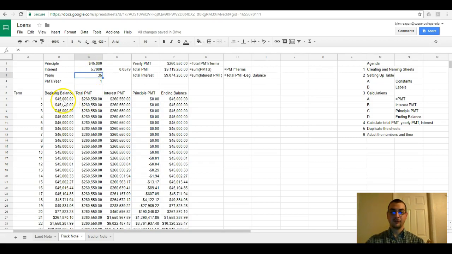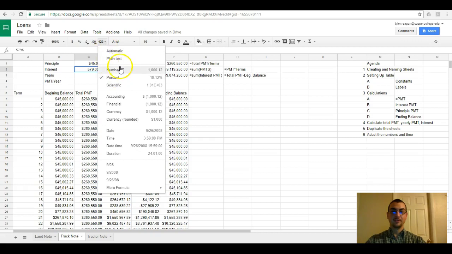Now we're looking at, on a $45,000 truck, payments of $260,000 every single payment. That's not going to be correct. And if we put this interest rate in percentage format, now it's 579% interest. So be careful of that.